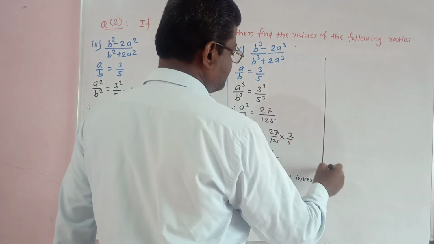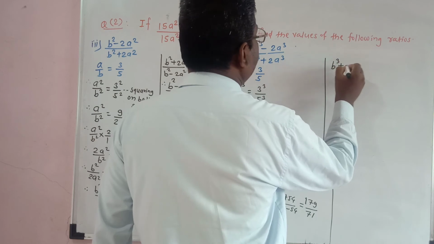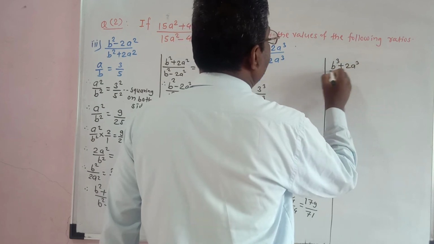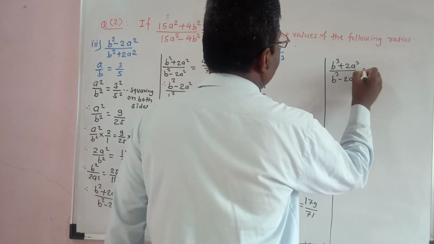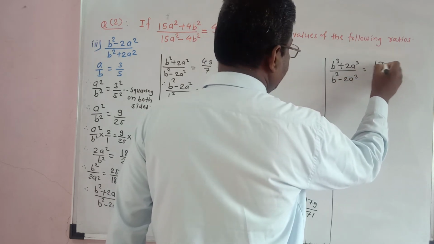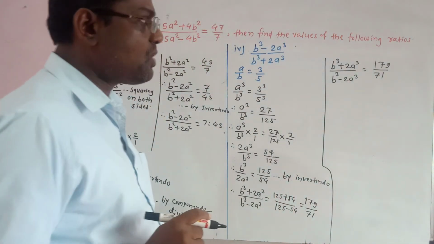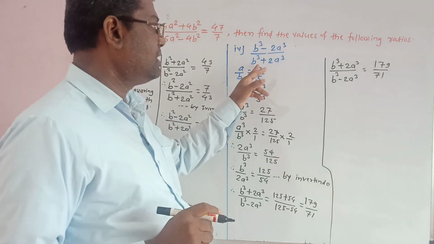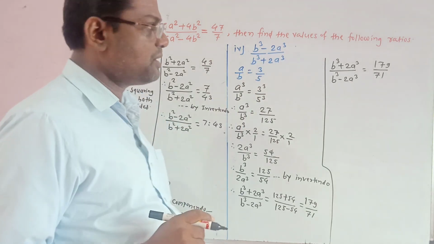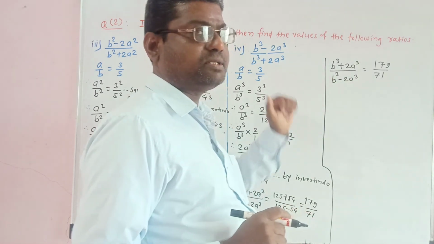Now we have the value b cube plus 2a cube upon b cube minus 2a cube is equal to 179 upon 71. But we want the value of b cube minus 2a cube upon b cube plus 2a cube. Therefore, we have to take the invertendo of this step.